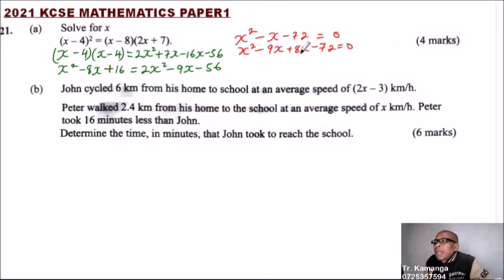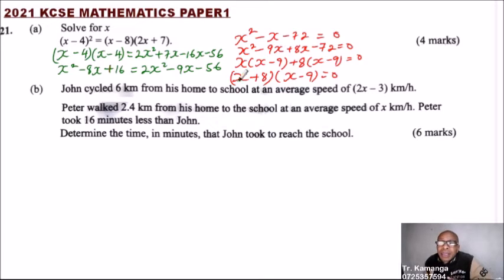Minus 9 multiplied by 8 will give us minus 72, and minus 9 plus positive 8 is minus 1. So we factor out x, and then we factor out 8, we'll be left with (x + 8)(x - 9) equals 0.